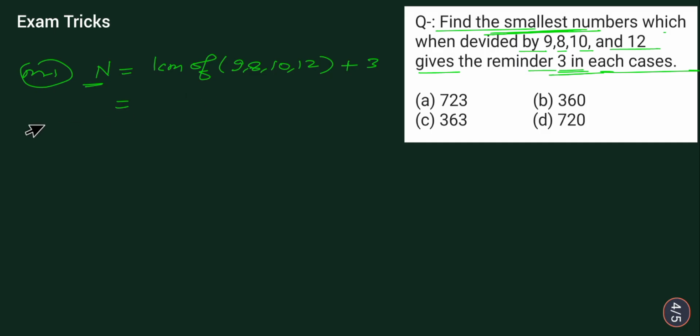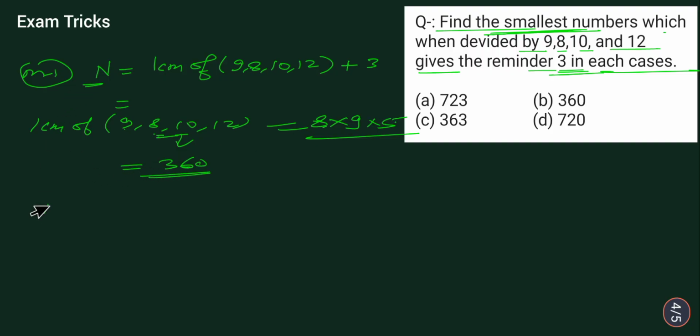For the LCM of 9, 8, 10 and 12, the maximum power of 2 is 8, that is 2 to the power 3, into the maximum power of 3, that is 9, which is 3 to the power 2, and the factor 5 is available. So 8 into 5 is 40, 40 into 9 means 360 is the LCM, right?